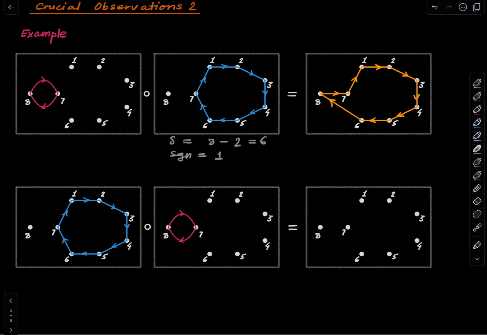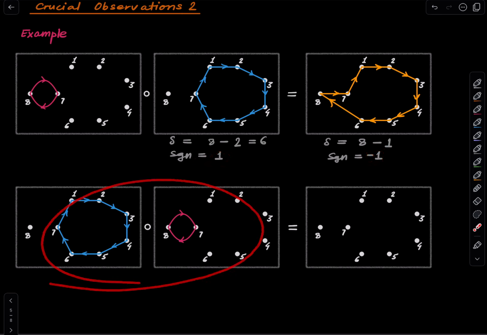But what is the sign here? Well, the deficit here is 8 minus 1. There is only one big cycle, no other cycles are there, and the sign is therefore minus 1. So again, after you compose by a transposition, you see that the sign flips, right? The sign was 1, but it has flipped to minus 1.